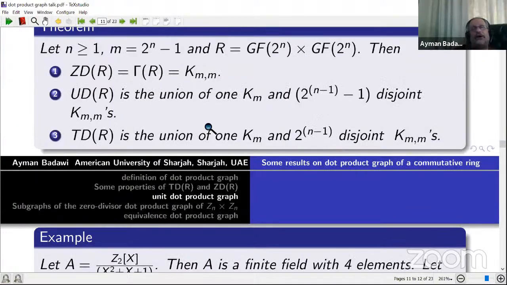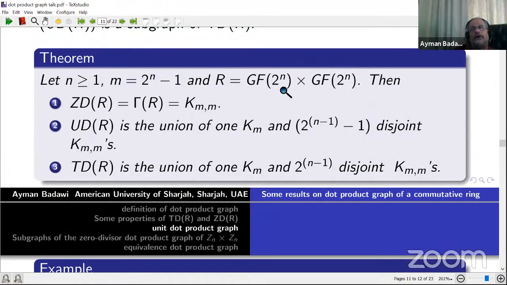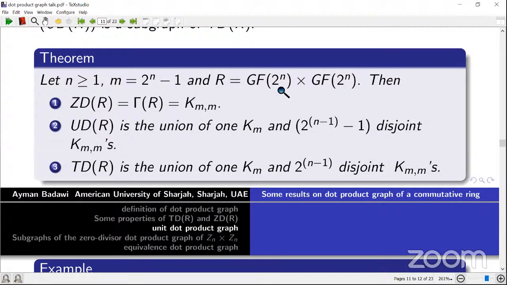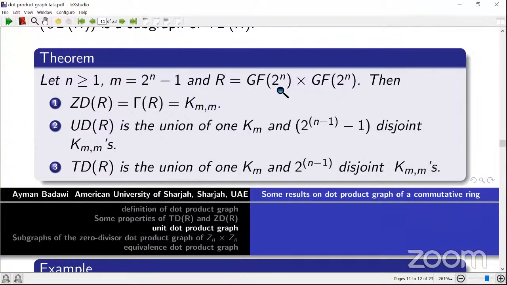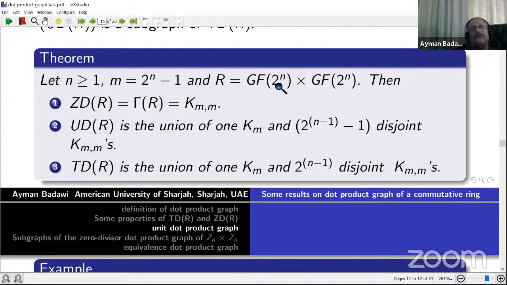Yes, because when the ring has characteristic 2, it behaves a little bit differently. This is a special case. In fact, we have results when the characteristic is not 2, but characteristic 2 is a special case.